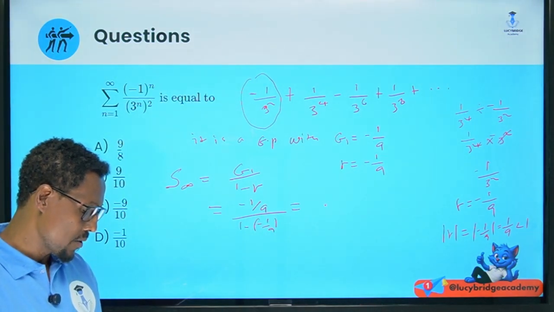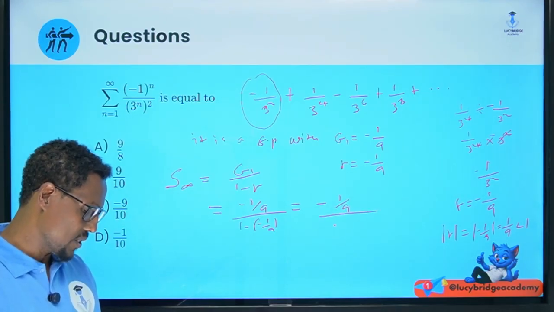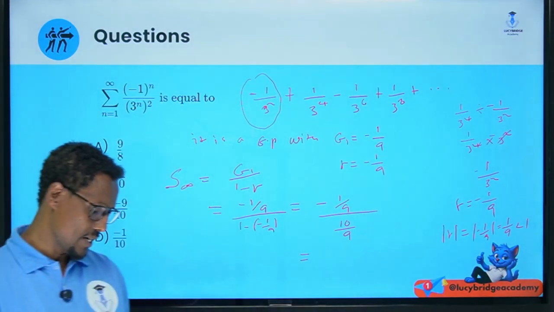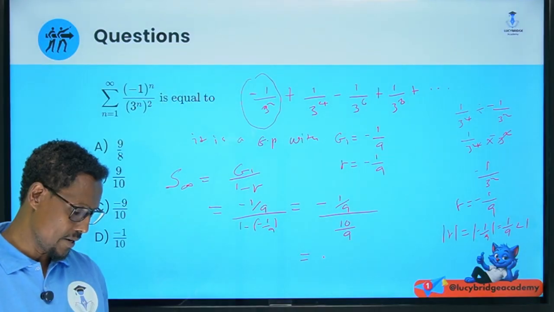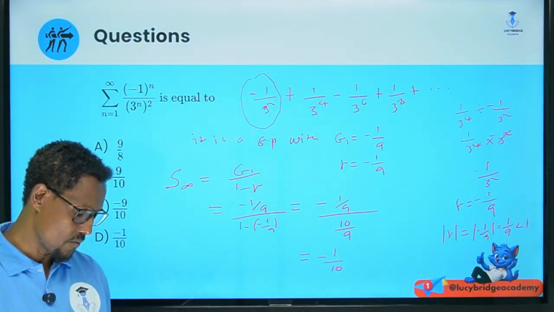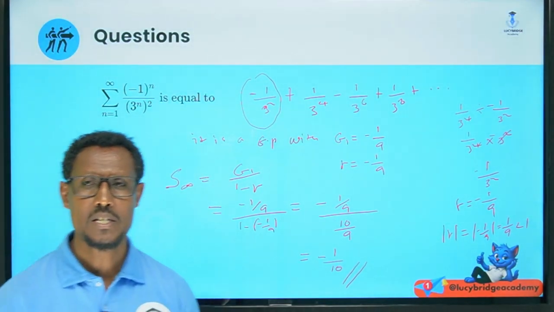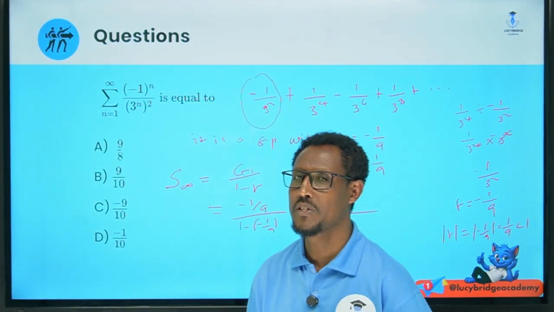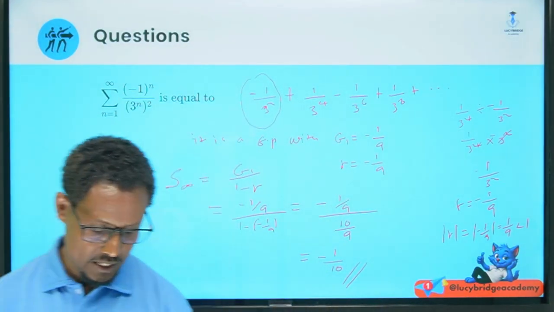So S infinity is equal to minus 1 over 9 over 1 plus 1 over 9, which is 10 over 9, which is equal to minus 1 over 9 times 9 over 10. The 9 by 9 cancel, so minus 1 over 10 is the sum of the infinite geometric series whose first term is minus 1 over 9 and whose common ratio is minus 1 over 9.